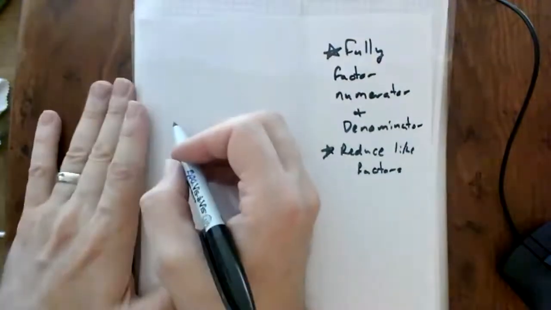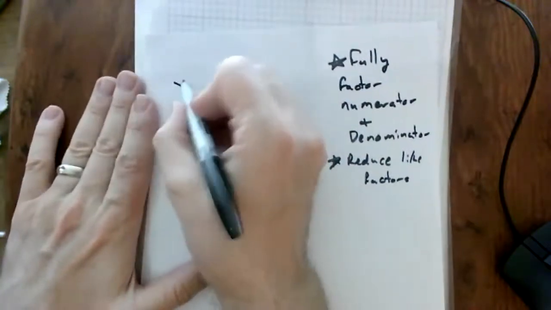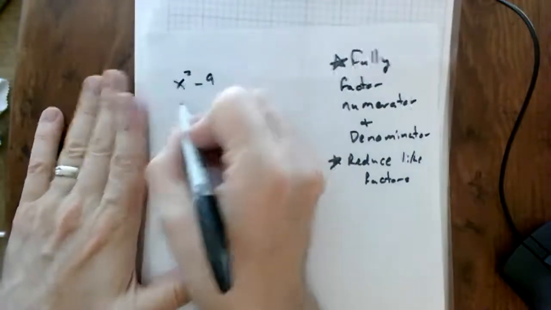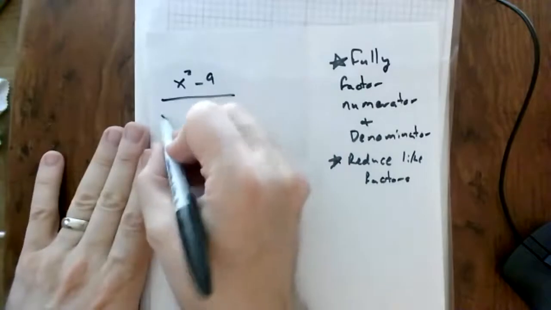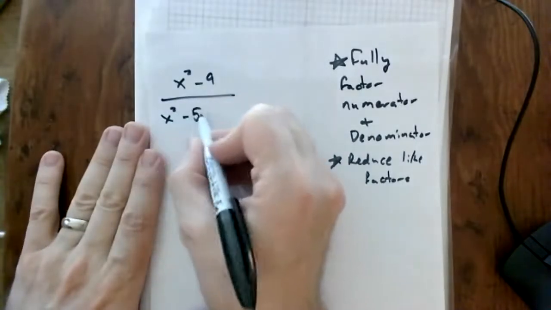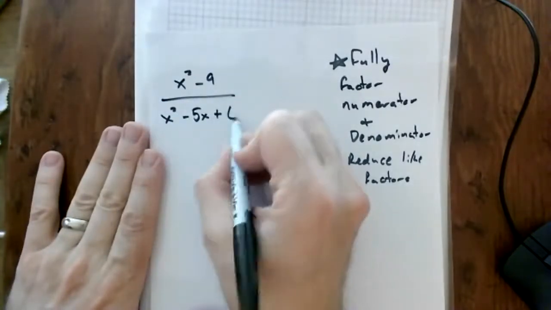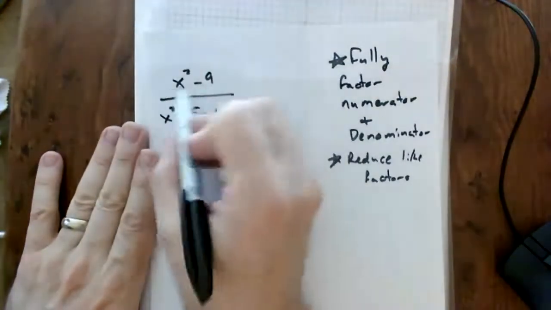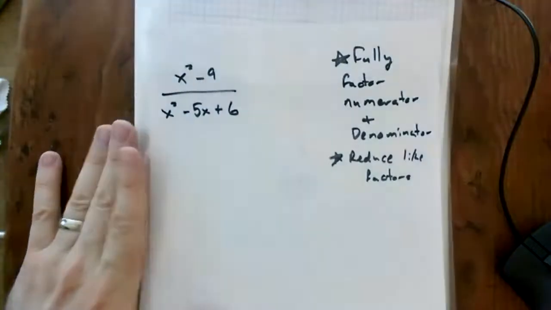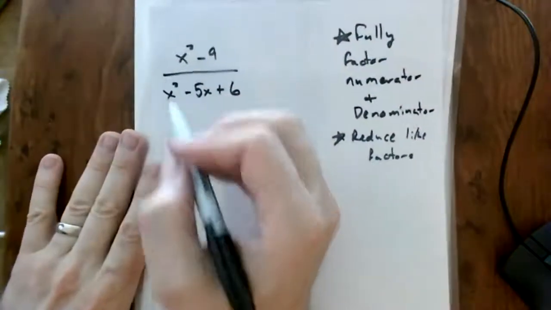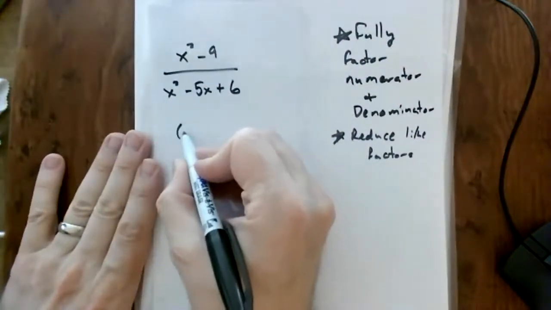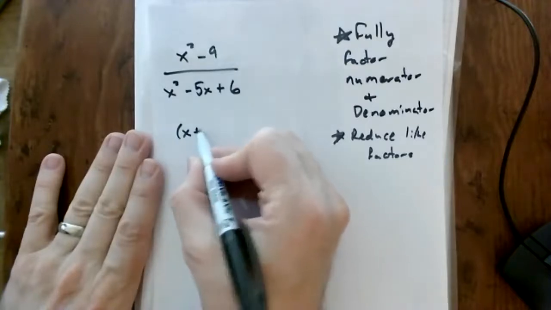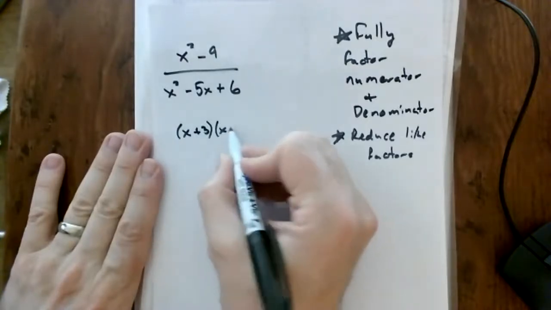So for example, say we've got something like x squared minus 9 over x squared minus 5x plus 6. When I factor x squared minus 9, this is a difference of squares, so this would just be x plus 3 times x minus 3.